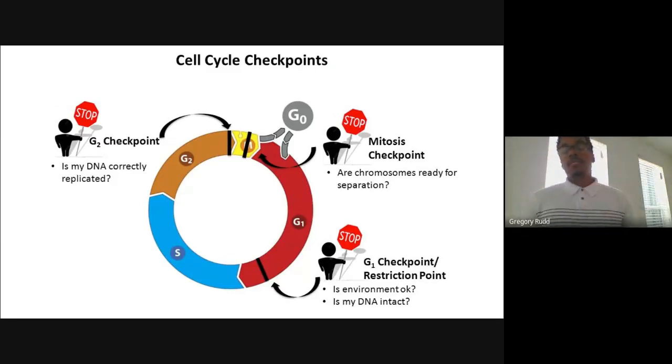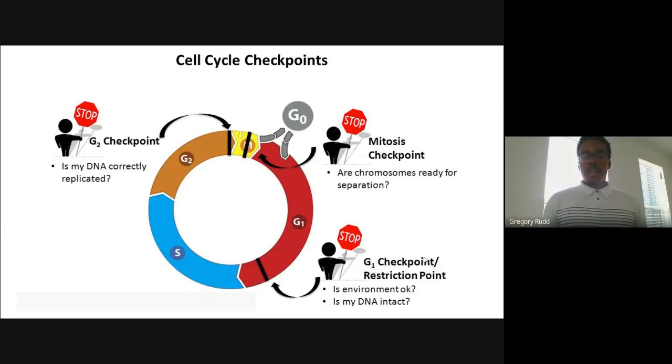So the cell's DNA tells it exactly when to ask specific questions of itself. And those questions come at different points in the cell cycle. The whole point of it is to prevent the cell from making errors in the cell cycle.